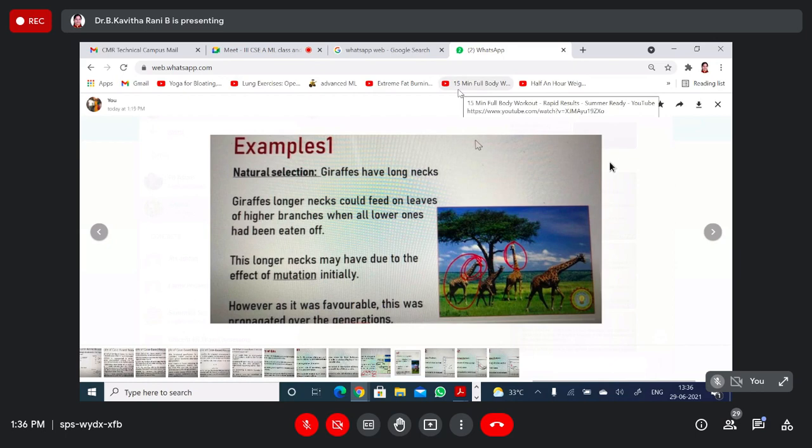So likewise, what has happened from the previous inheritance of different animals. This particular animal has got a different characteristic, that it has a long neck. So with that long neck, it can easily eat the trees which are high.